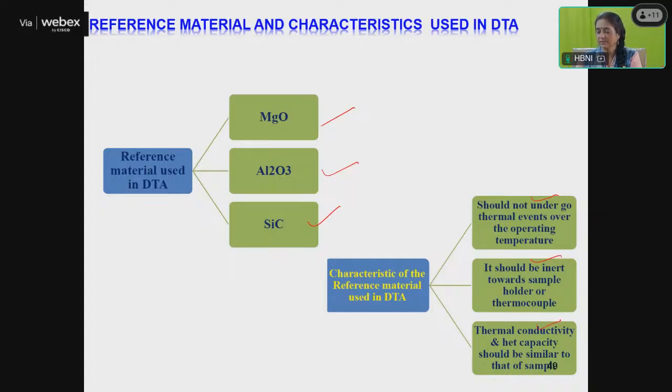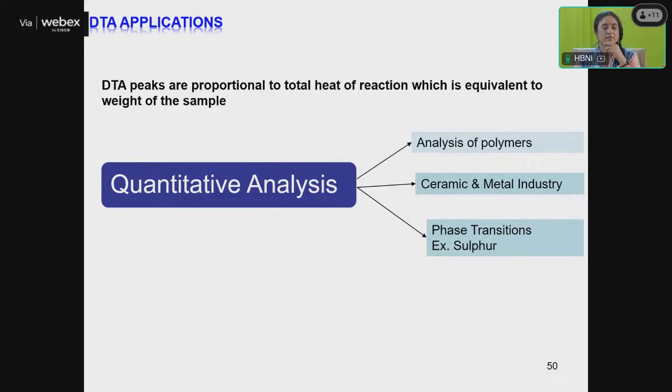Its thermal conductivity and heat capacity should be similar to that of the sample. Now for DTA applications, quantitative analysis is done, analysis of polymers, ceramics and metal industry, and phase transition. Sulfur has many phases, so you can study the phase transition of sulfur. All these things are typical applications of DTA.